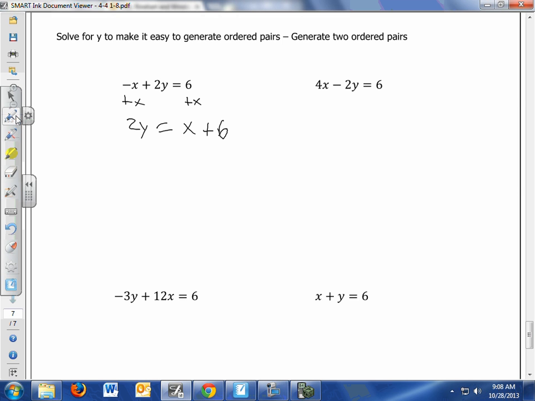So if I add x to 6, it's 6 plus x, or x plus 6. And then I divide both sides by 2, and I will split up my fraction into 2 pieces. I'll have 1/2, or 0.5x, plus 6 divided by 2 is 3. And this is my equation that's going to be easy to generate solutions from.